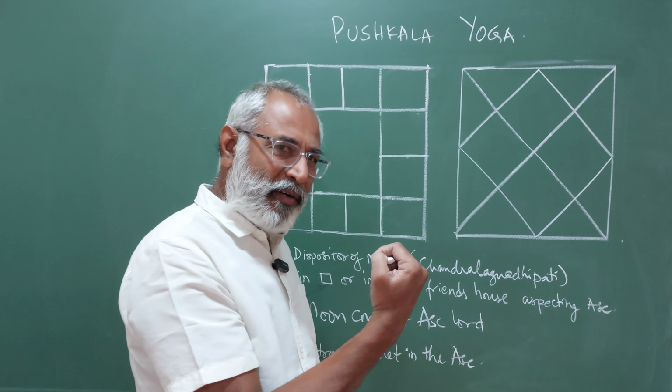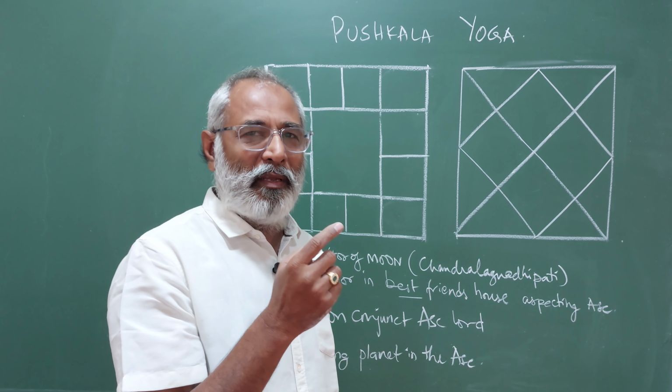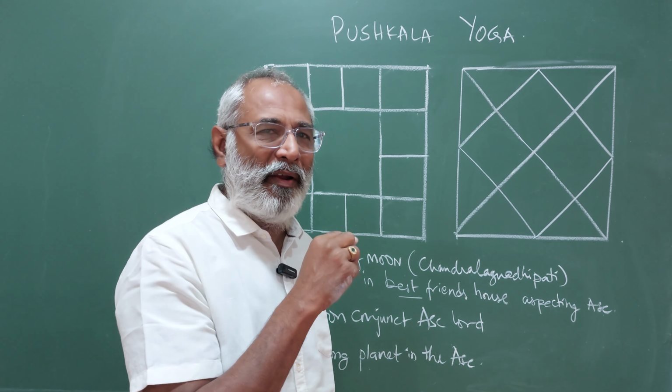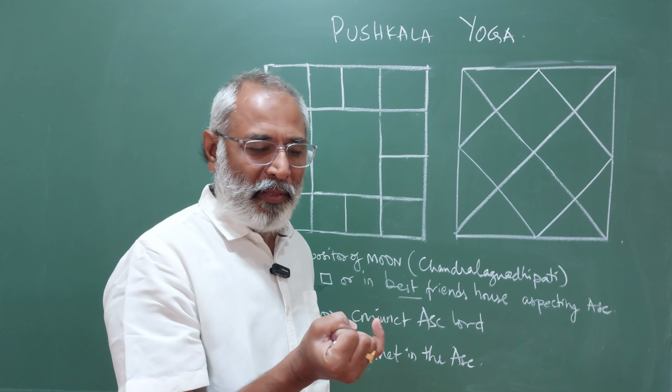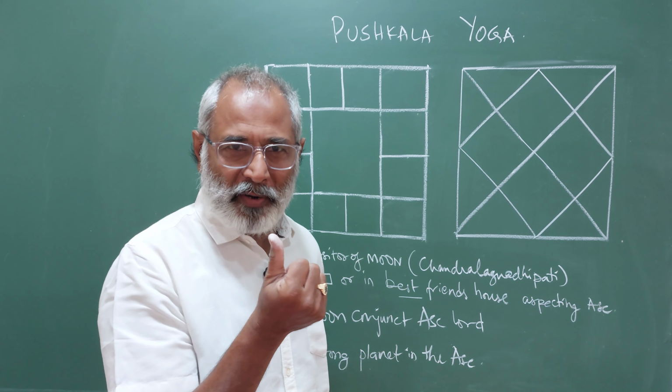The best friend system we have already spoken about in a class, where we defined bitter enemy, enemy, neutral, friend, best friend.